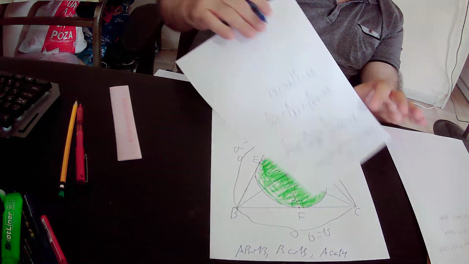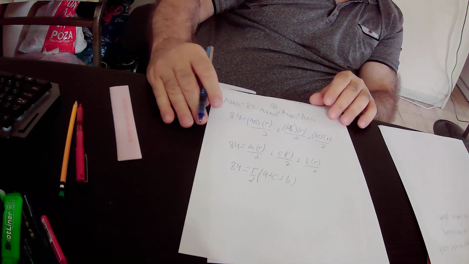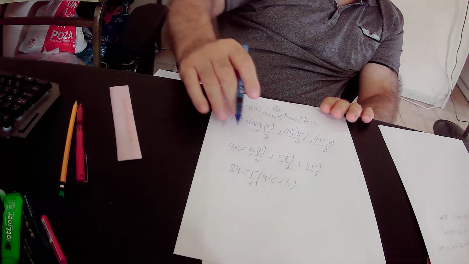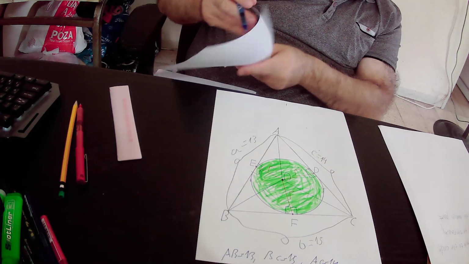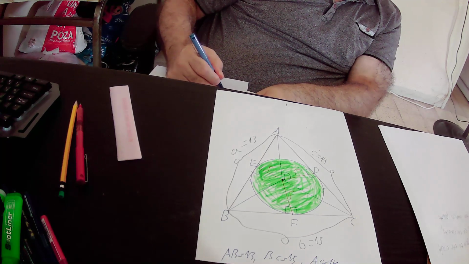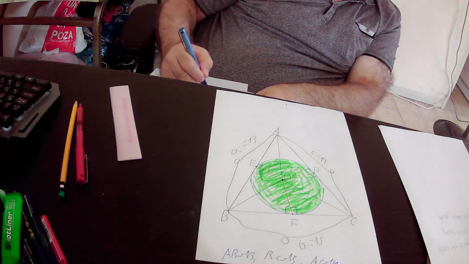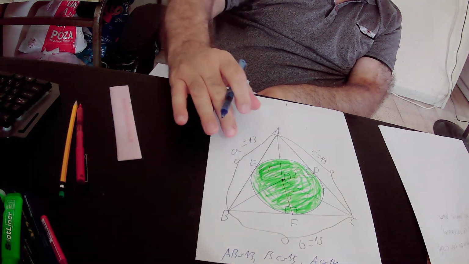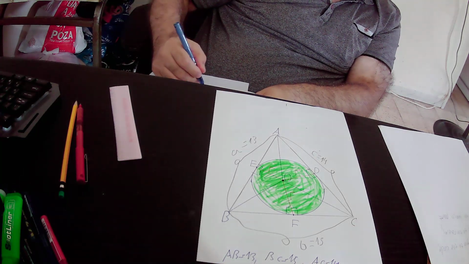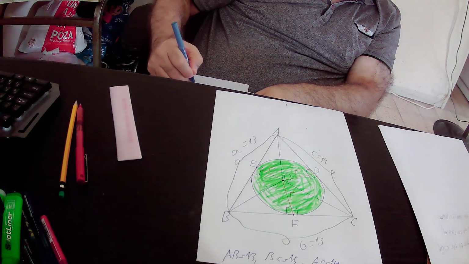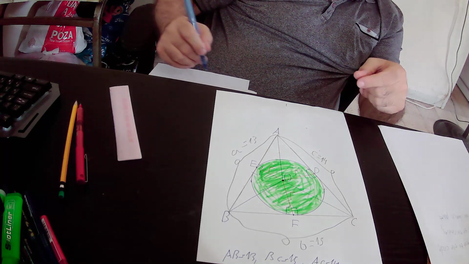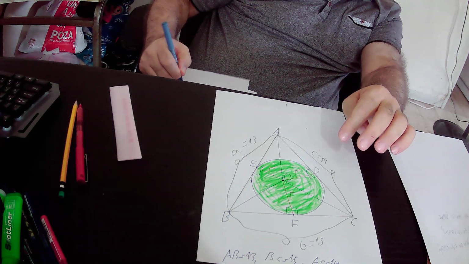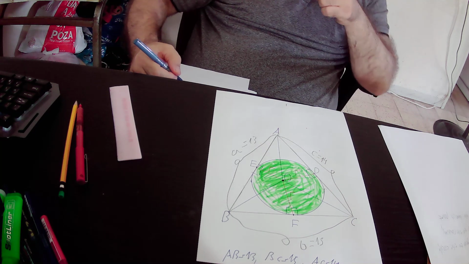Okay, in total we got that 84 equals R over 2 times A plus C plus B. But what is the value of A? A equals 13 units, C equals 14 units, and B equals 15 units.